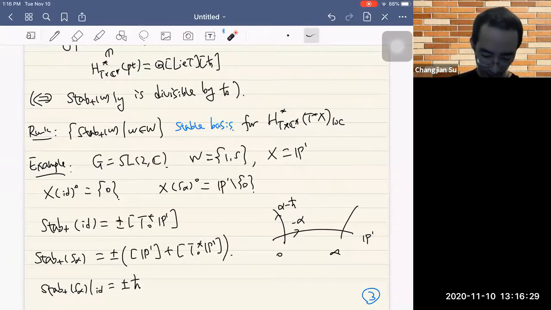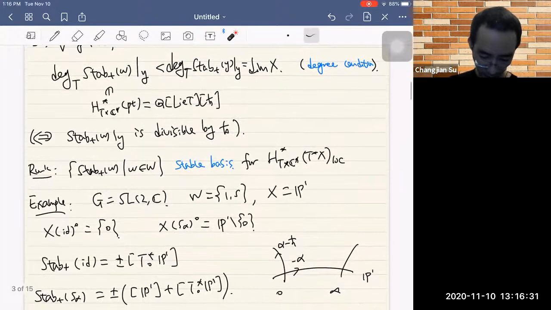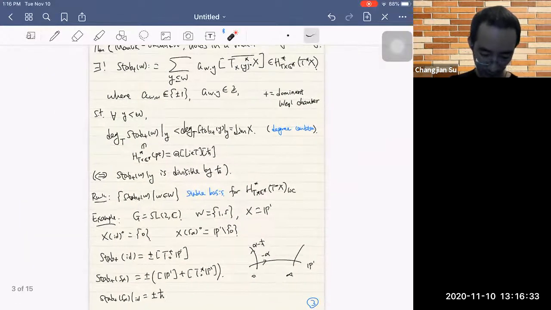So by definition, the stable basis corresponding to the identity element: there's no element smaller than the identity, so we only have the cotangent space at 0, and the sign can be fixed.